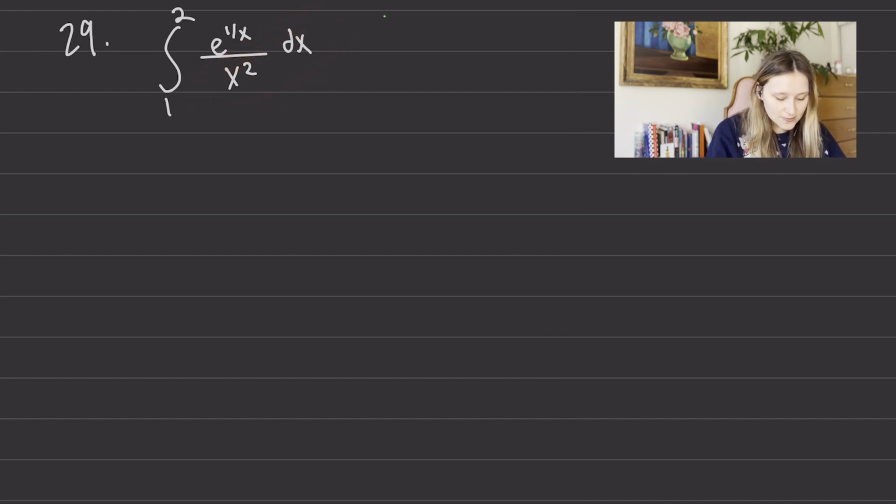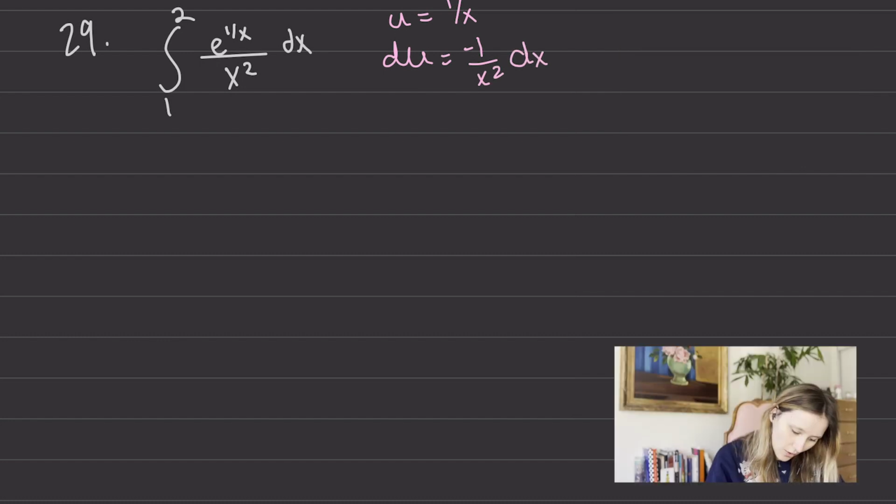So let's do this really quickly, except we have to do it in pink. When x is equal to 2, u is equal to 1/2. When x is equal to 1, u is equal to 1.